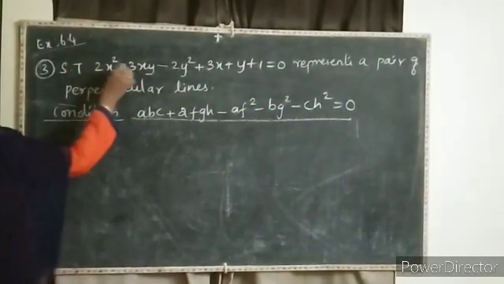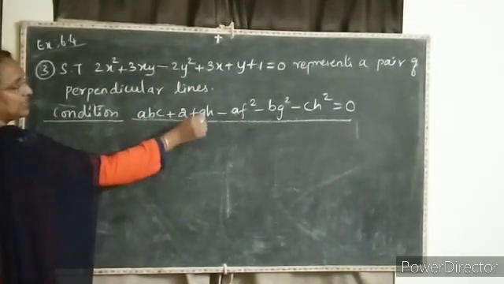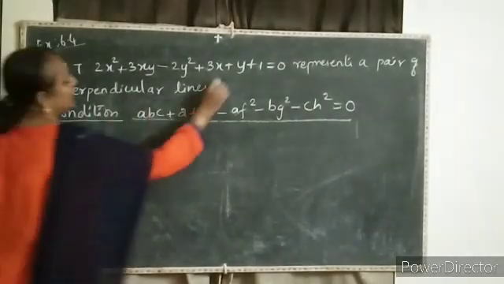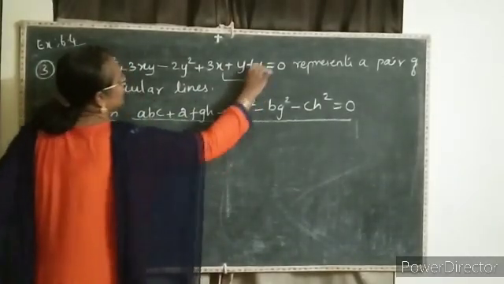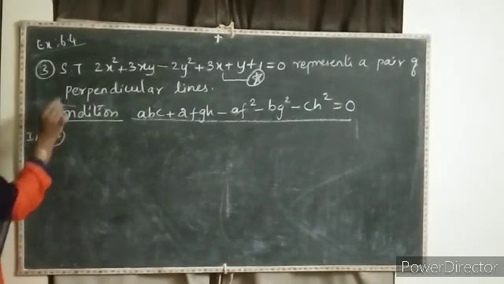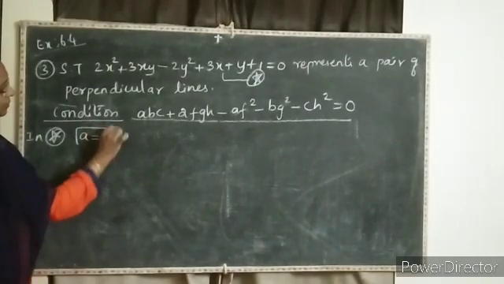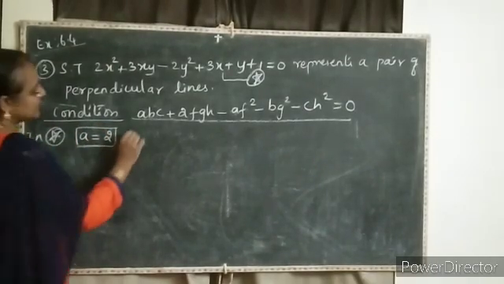Now from the given equation, let's find the values of a, b, c, f, g, h. Take this as the star equation. In the star equation, I can find the values. What will be a? a is equal to 2. Yes or no? What is b?